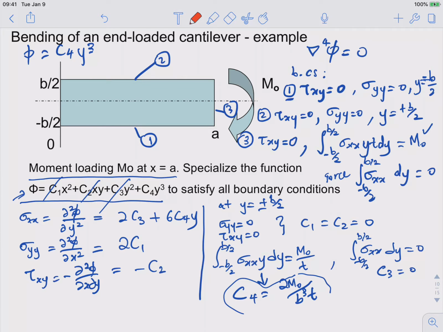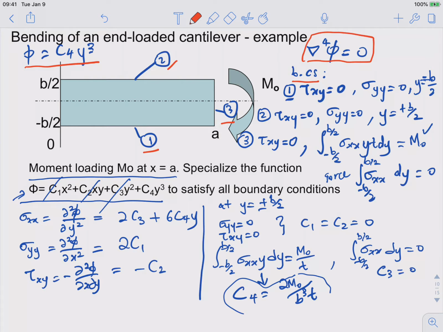When I did this example in the class, we did a couple of steps. First of all, I had given an Airy stress function. I checked if the biharmonic equation was matched up. And then I came up with the boundary conditions. By looking at each surface, I numbered them first and then wrote down what the stresses should be for each of those surfaces.